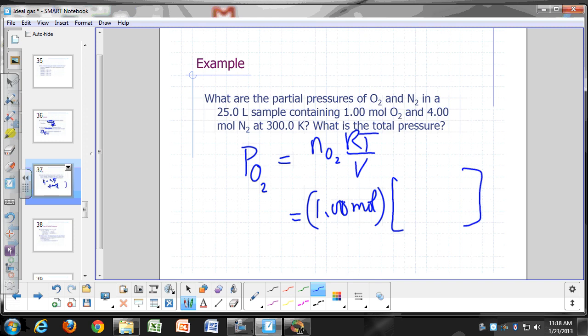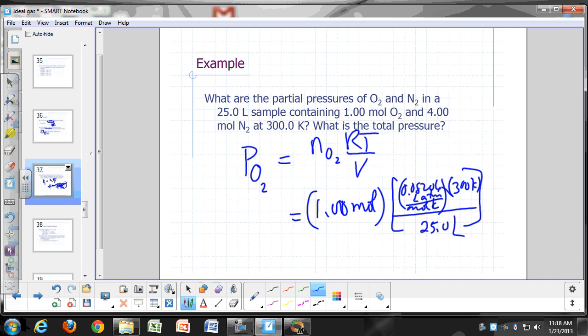R is 0.08206 liter atmosphere per mole Kelvin. And what's our temperature? 300 Kelvin. And what's our volume? 25.0 liters. What do you think the value is of 0.08206 times 300?